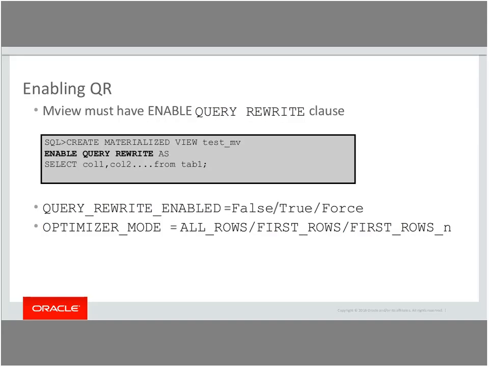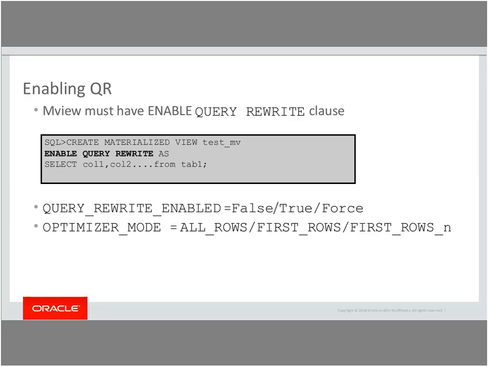Enabling query rewrite. Materialized views can be eligible for query rewrite if the enable query rewrite clause has been specified either at the creation of the materialized view, or the materialized view is altered to have this clause.